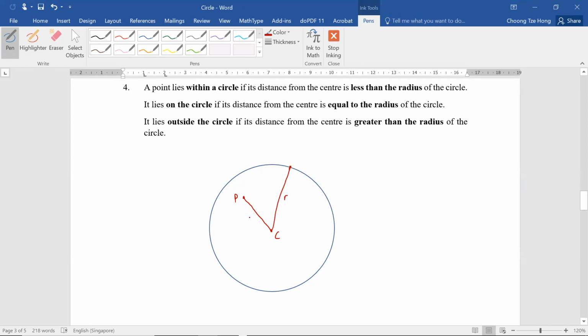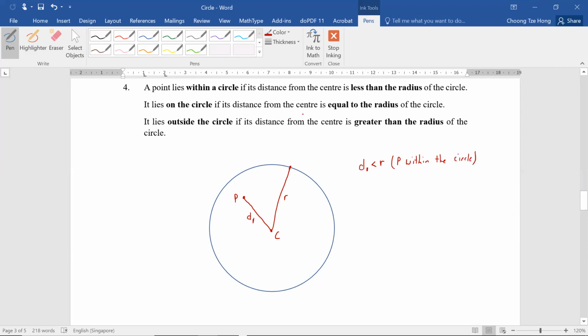If the distance, let's say D1, is less than the radius, then the point P will definitely be within the circle, which means inside the circle.